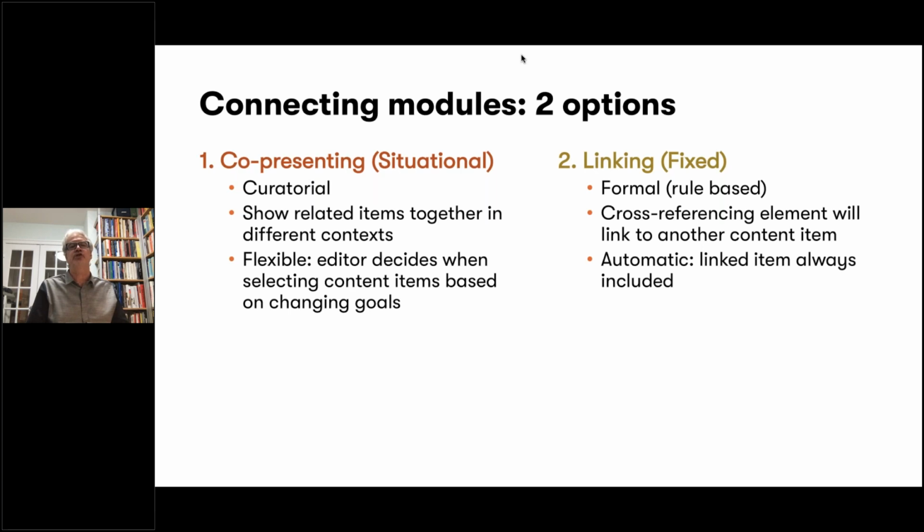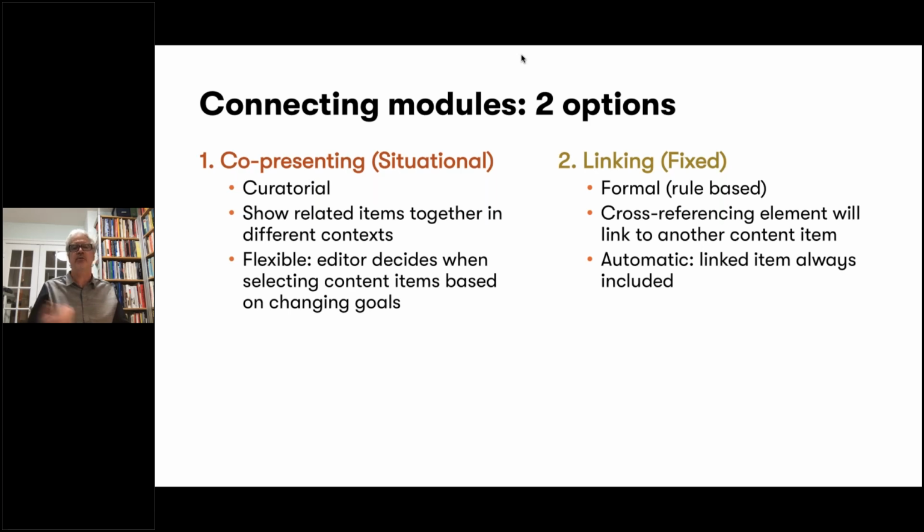The other approach to connecting these modules is by linking. So linking is more of a fixed formal relationship between different topics, and there's a kind of cross-referencing between the topics that provides the link. And it works a little differently. It's a very automatic thing.